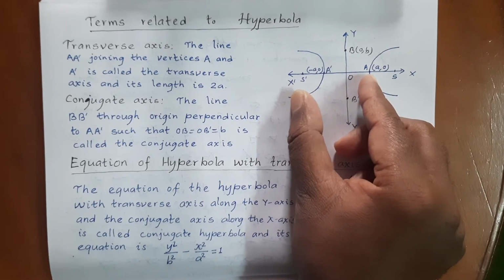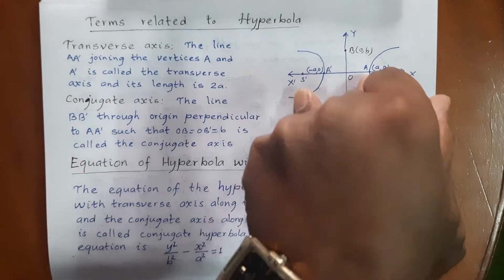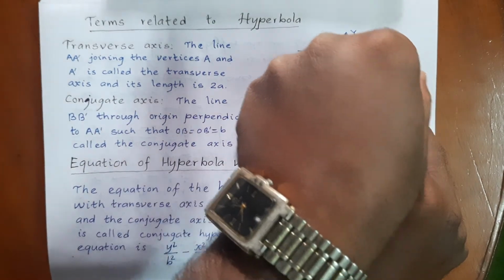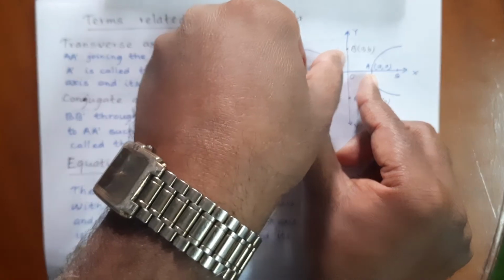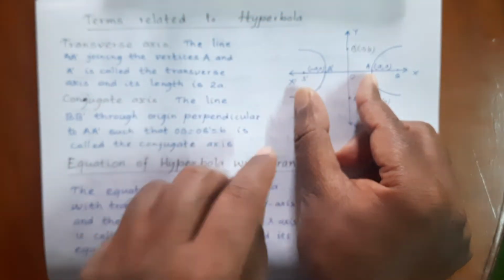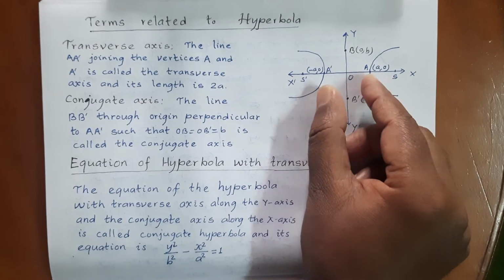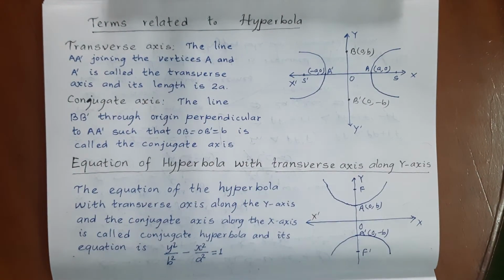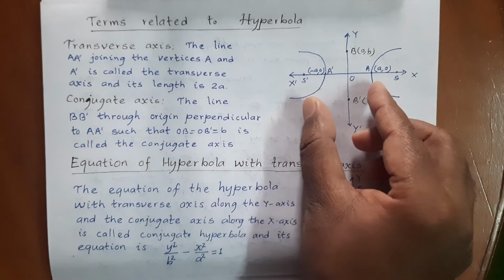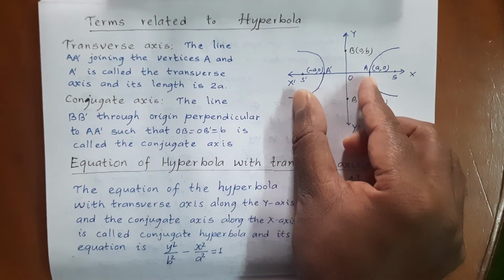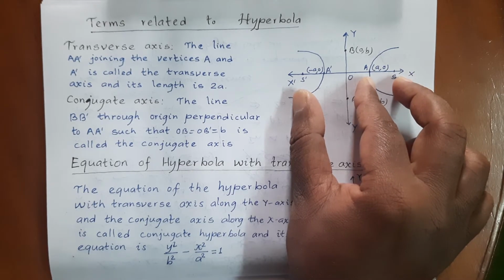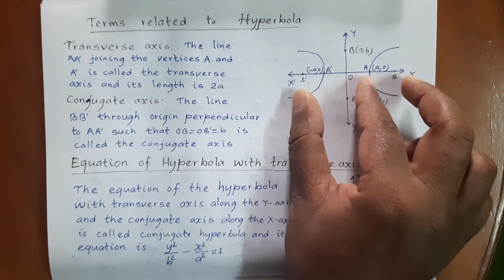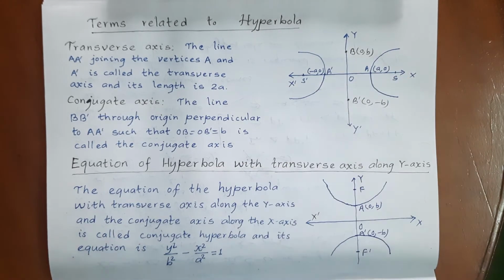So AS' minus AS, this can be subtracted, and that quantity cancels, so this becomes AA', and AA' will be equal to 2a. That means AS' minus AS is equal to AA', because AS is equal to A'S', so AS and A'S' cancel.